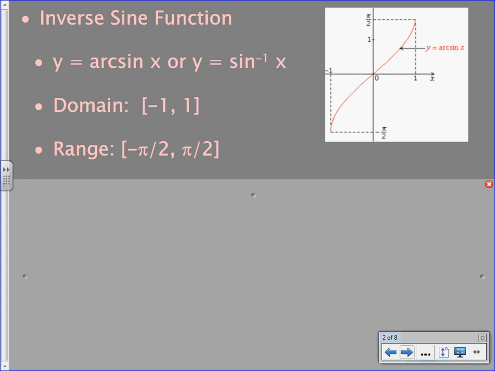Okay. Now let's talk about unit circle values, because we will be referring to our unit circle to help us. Okay. If our answers are going to come from negative pi over 2 to pi over 2, what quadrants is that going to cover?